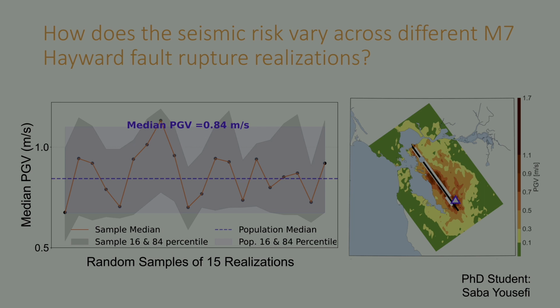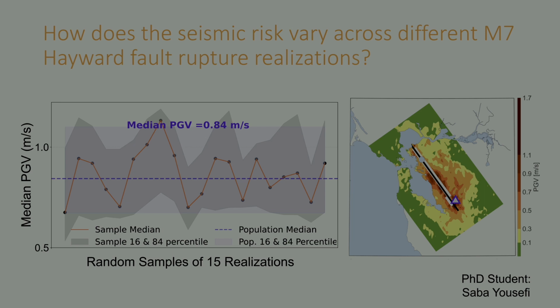What happens if we take samples of 15 realizations at a time and get the median and standard deviation, or variability around the median, in each sample? So we're emulating someone deciding to run 15 scenarios. How much variability would they expect to see? And it turns out quite a bit.